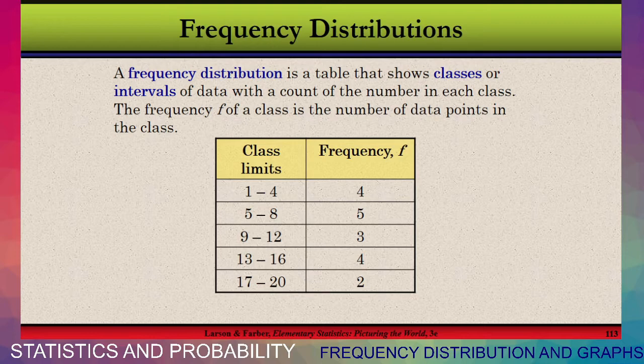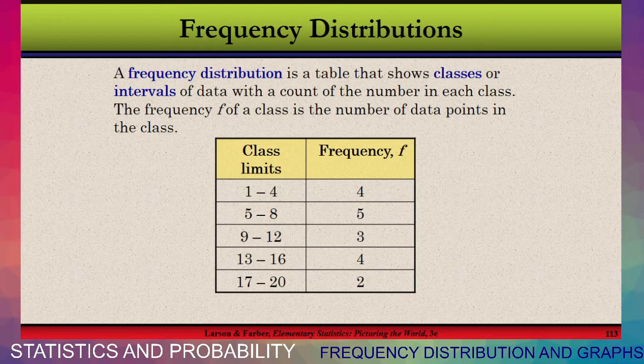Next, 5, 6, 7, 8. So, 4. 9, 10, 11, 12. Still 4, until we reach the end. So we have a given frequency for each class limit. To check if our interval is correct, we subtract the lower limit of the next class from the lower limit of the first class.